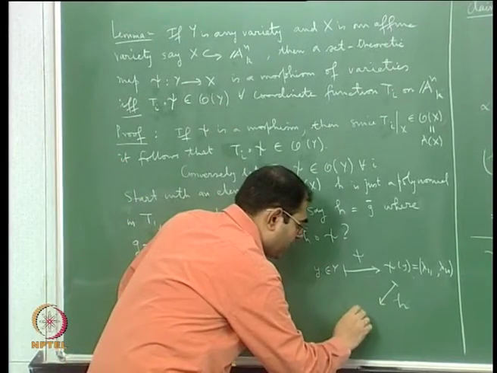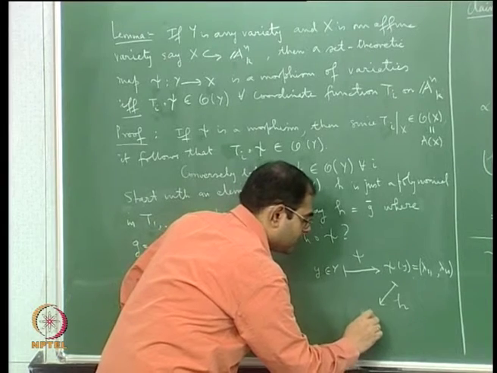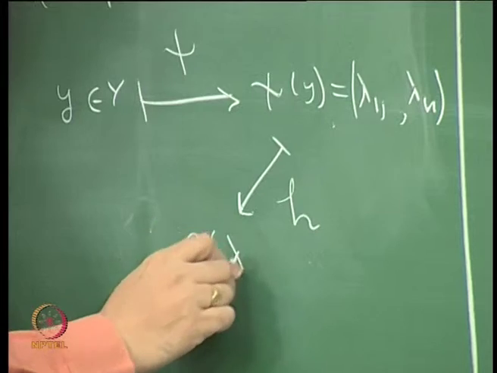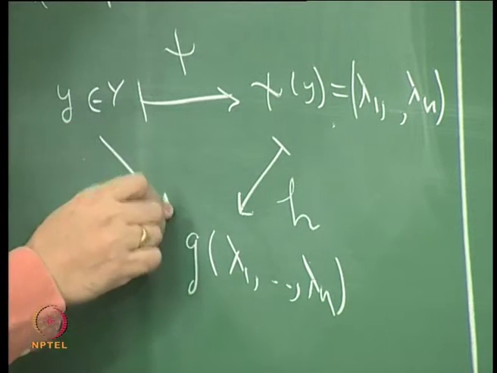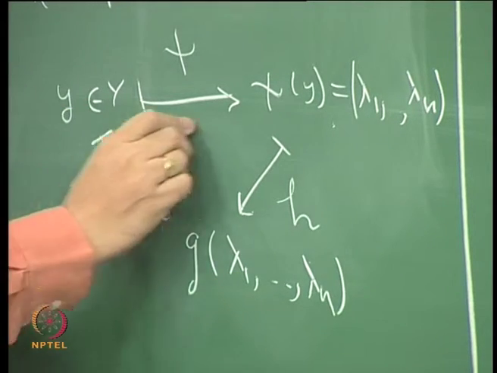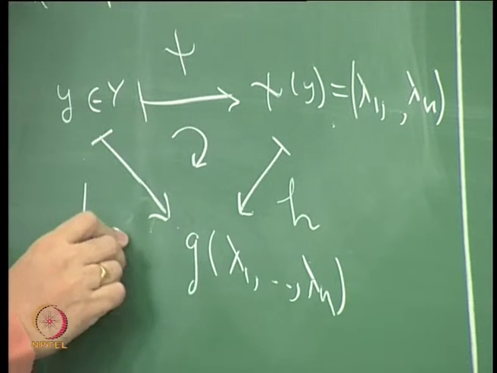So what I will get here is g of lambda 1 etc lambda n. This is this map which is H circle psi.